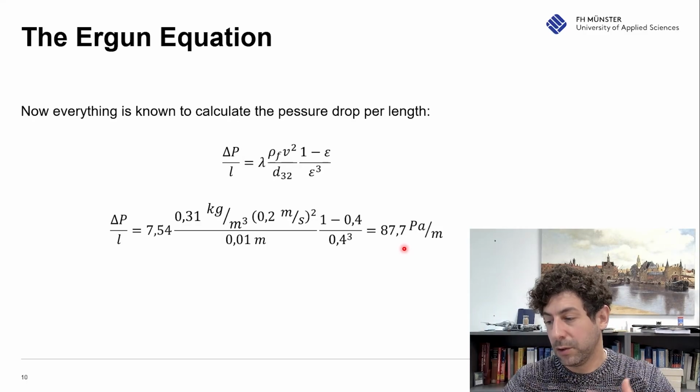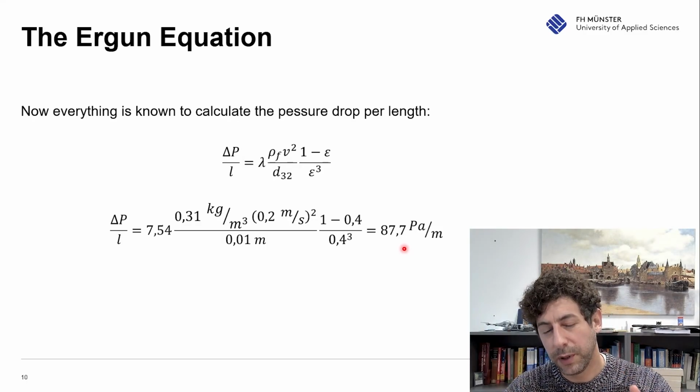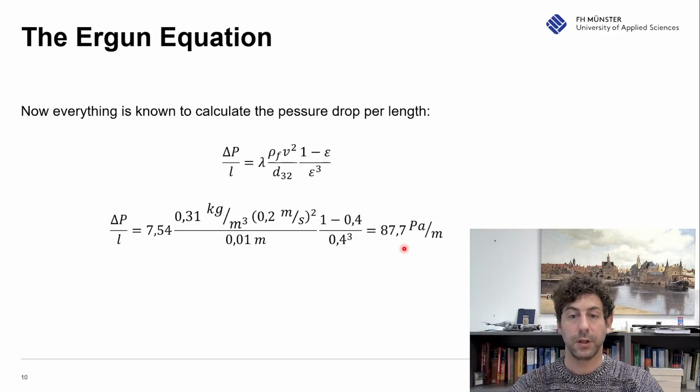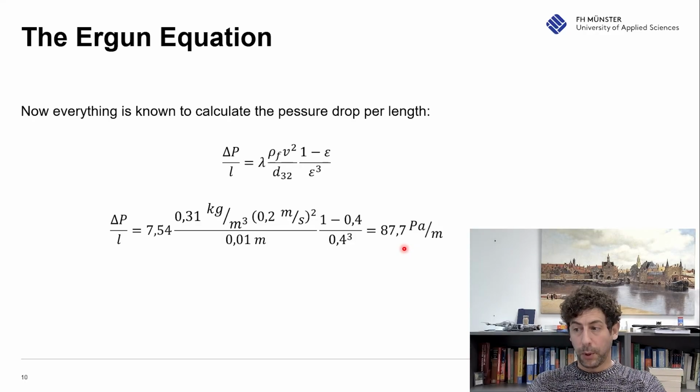And okay, the bed normally is a few meters long, so we have to multiply it by 5, 6, 7, but we are also still not in the kilopascal range, so we have a very low pressure drop, but we have extremely large particles. 10 millimeter is very large for these kind of particles. And these kind of large particles don't have a high pressure drop.